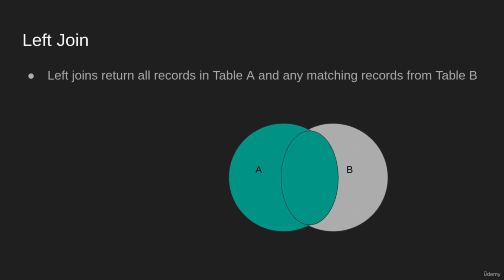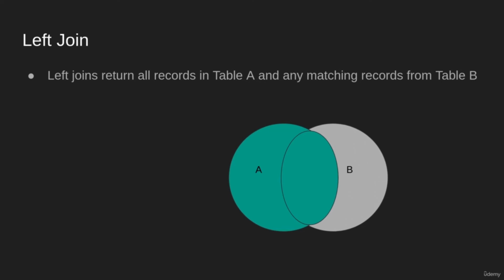So on the left side of your screen you have table A, and then you're appending any records that match over from table B. Again, not all records will be present from table B. That would be considered a left join, and it would be written with the keyword LEFT in its syntax. We'll see examples later, so don't worry about that. Just concern yourself with conceptualizing joins.